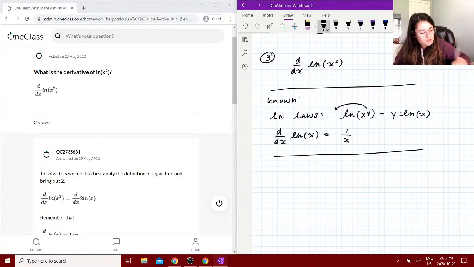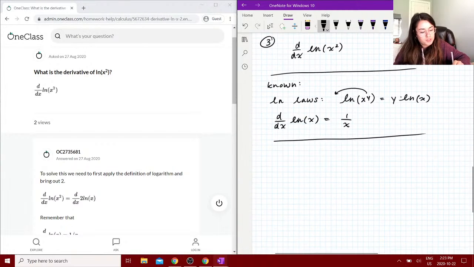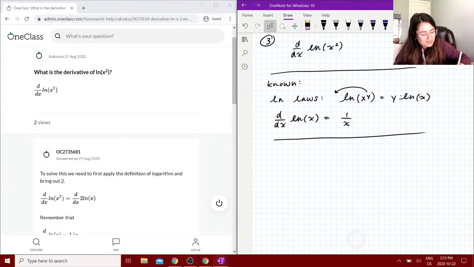So using this known information, I'm sure you can probably see where we're going with this, right? So d of x, or the derivative of ln x squared with respect to x, we'll take that 2 out first, 2 times d/dx of ln x, right?